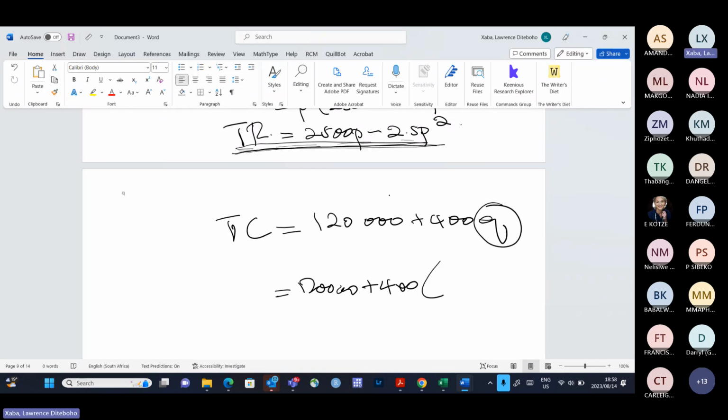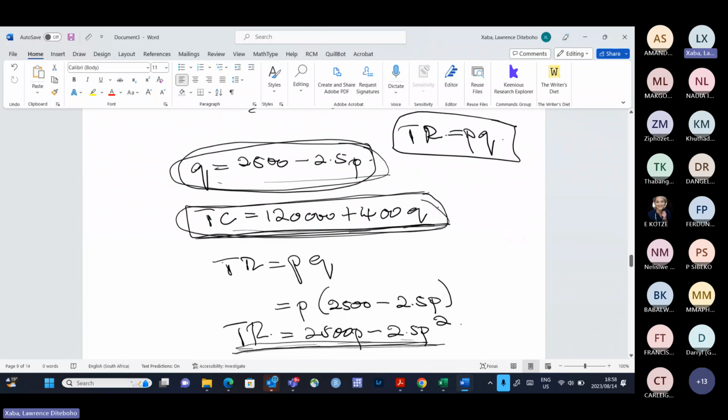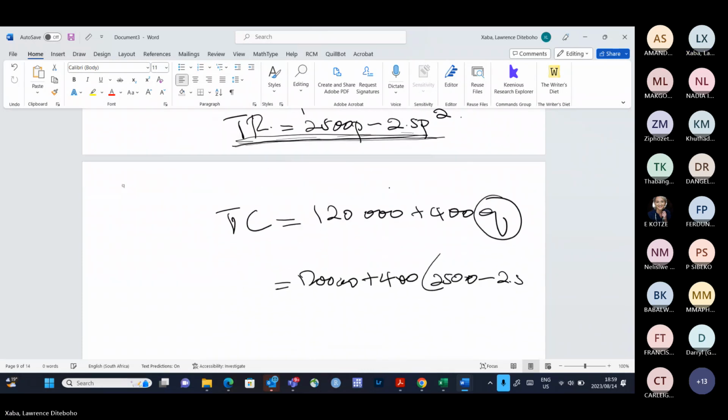Now, instead of writing Q, we put 2,500 minus 2.5p. Then we simplify it.